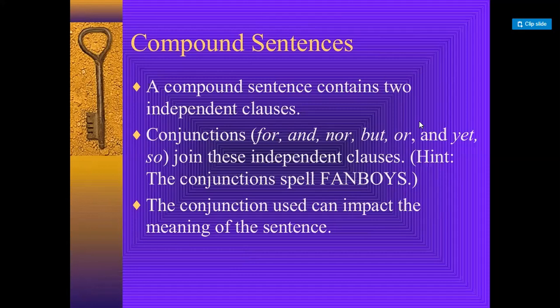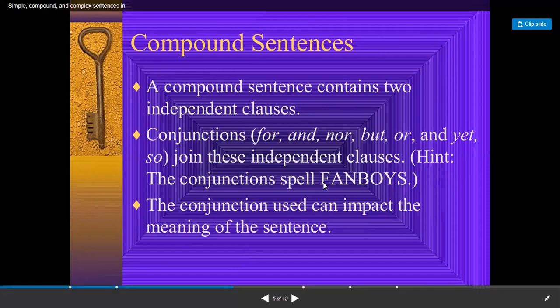So also. So there are 7 conjunctions. We can call them fanboys. F for for, A for and, N that's for nor, B for but, O for or, Y for yet, and S for so.